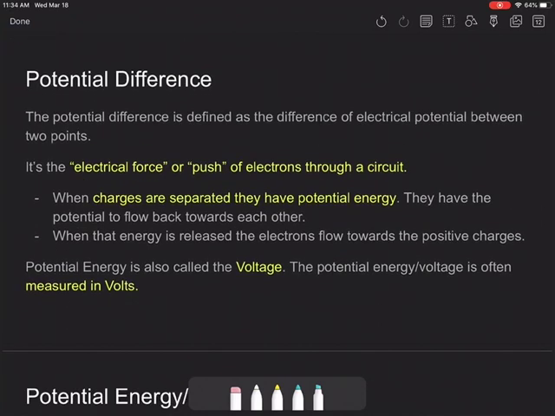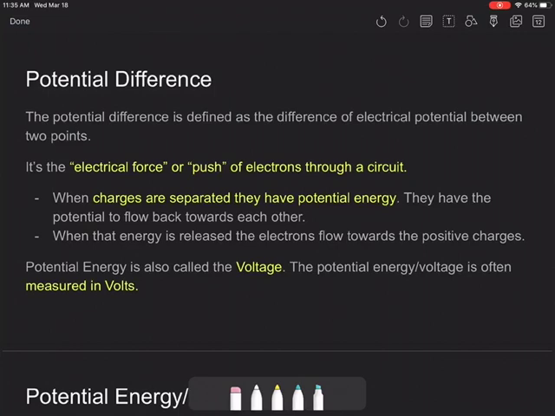Potential difference is the difference of electrical potential between two points. It's the electrical force, or the push, that causes those electrons to go through a circuit, from our negative terminal to the positive terminal. A bigger push means a bigger potential difference, and a smaller push means a smaller potential difference.